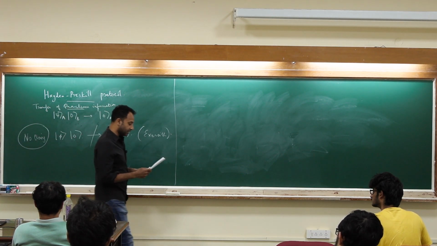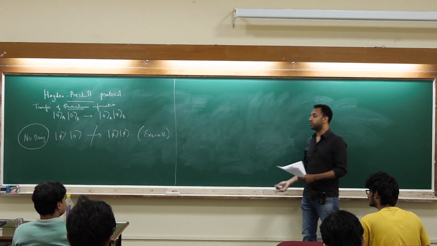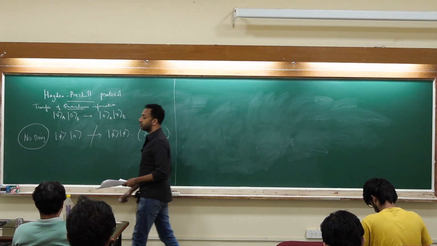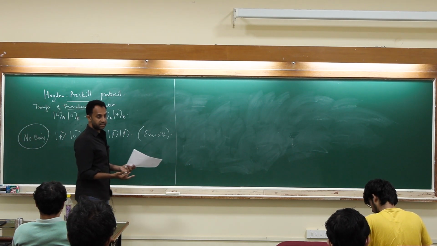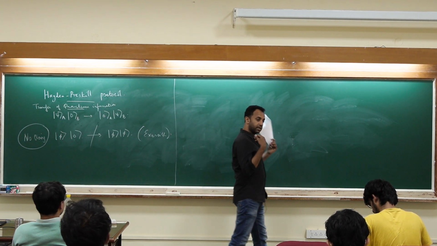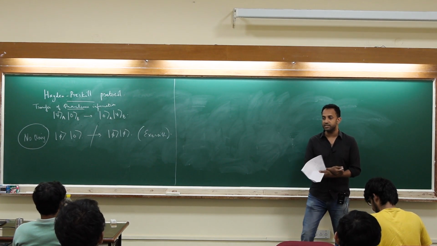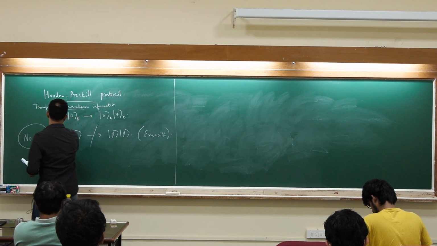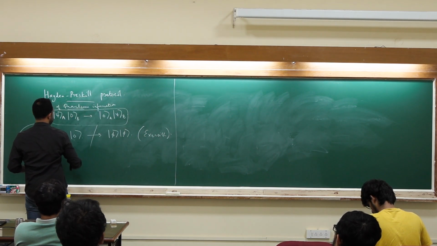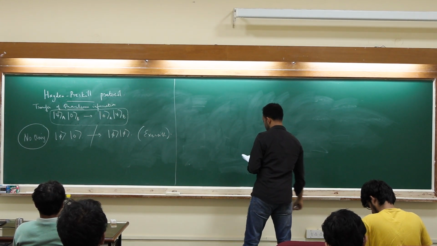So the question is, if something falls into a black hole, when does that information come out in the form of radiation? That basically means that the information that was originally there somewhere else is getting transferred into the radiation. This is the way we would like to think about it. I'll explain the process in a second.